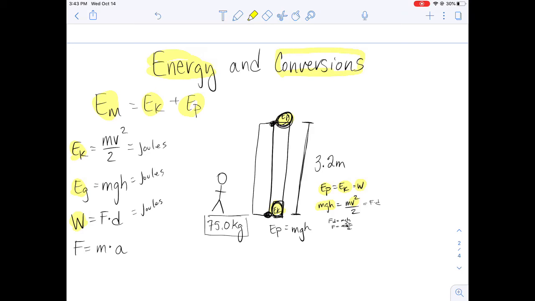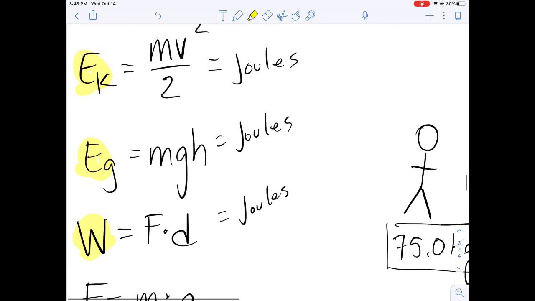Understanding that these connections are all part of the same system allows you to go between these different values, where I've got mass and velocity, or mass and gravity and height, or force and distance traveled, and be able to connect them, because at the end of the day, joules and joules and joules are the same kind of energy, and if it's connected, we can pull them together.